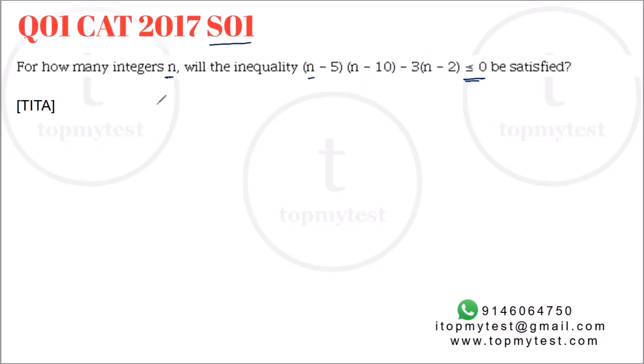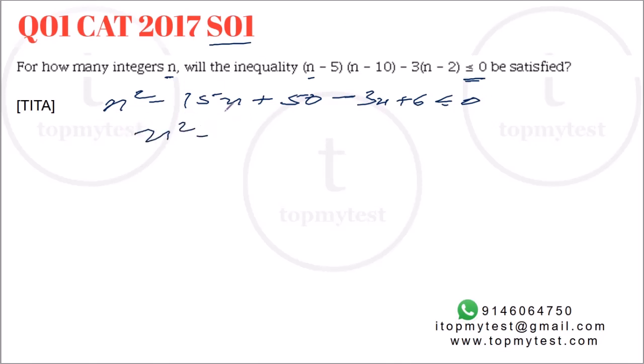If you expand this, you will get n square minus 15n plus 50 minus 3n plus 6 should be less than or equal to 0. This will give you n square minus 18n plus 56, since 15 and 3 make 18, and 50 and 6 make 56, should be less than or equal to 0.